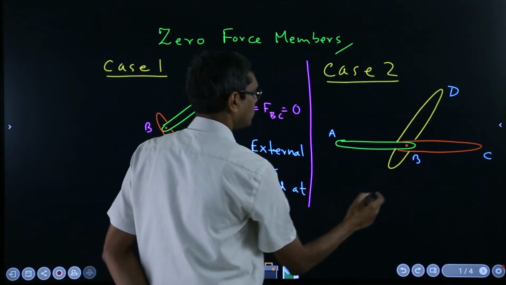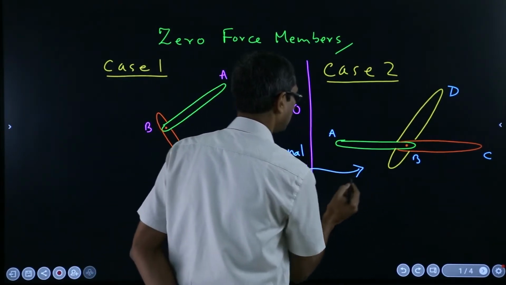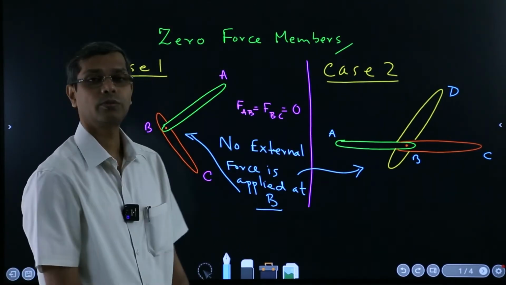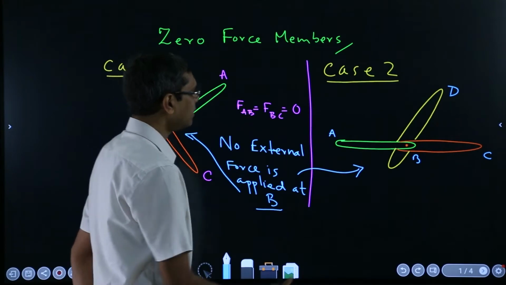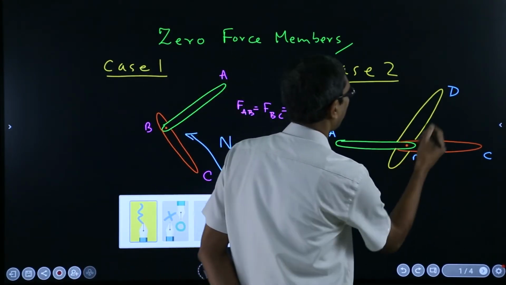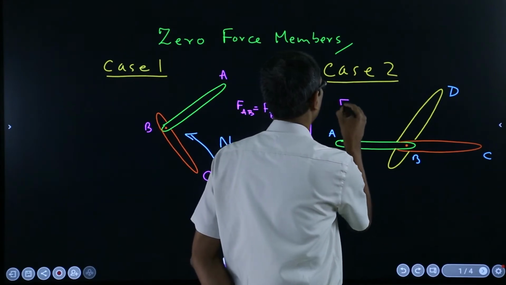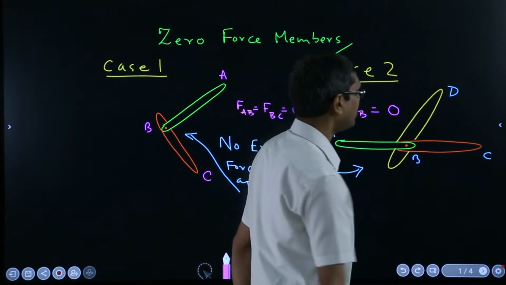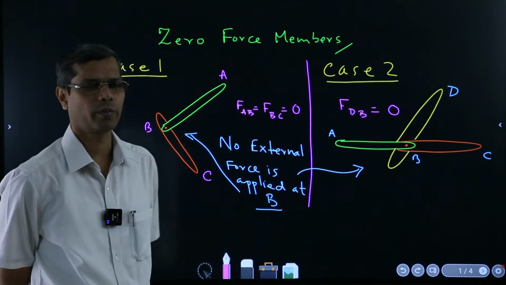Yeah, so here also, in both the cases, no external force must be there. Then here we can say that FDB is equal to 0. That means DB is a zero force member.